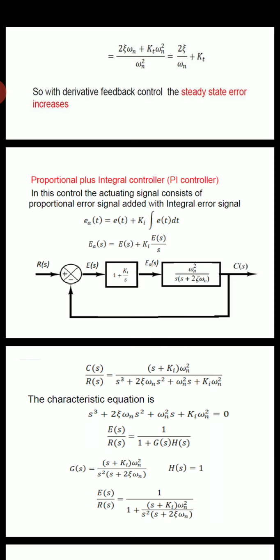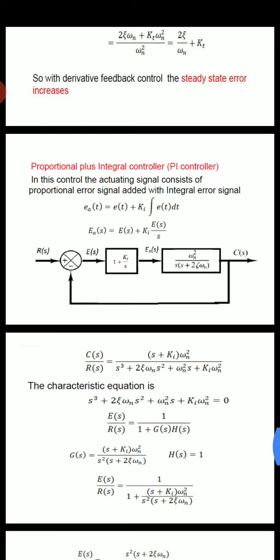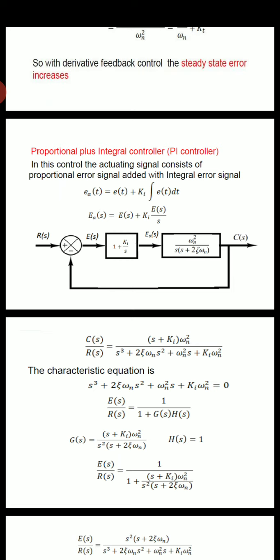That is what I have written here: (s + Ki)ωn² divided by s³ + 2ζωn s² + ωn² s + Ki ωn². After solving, you will get this.